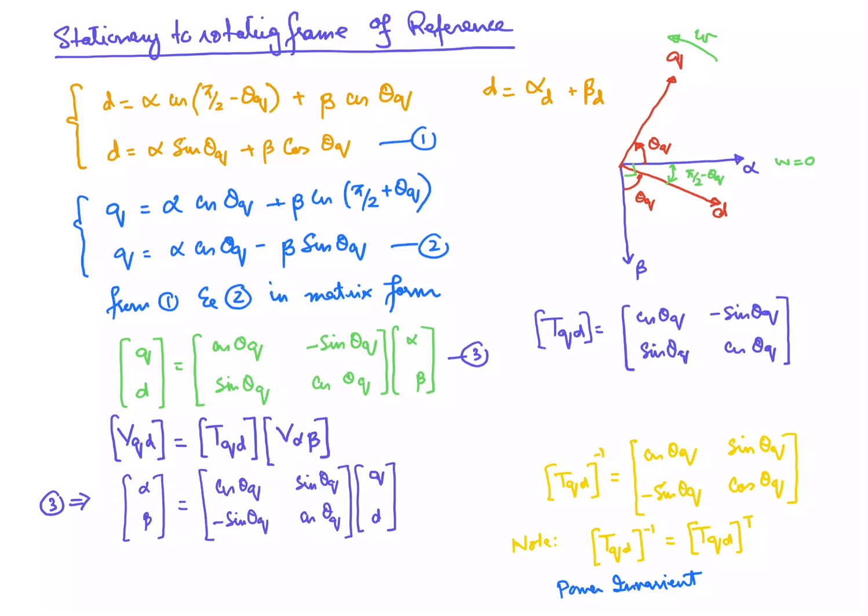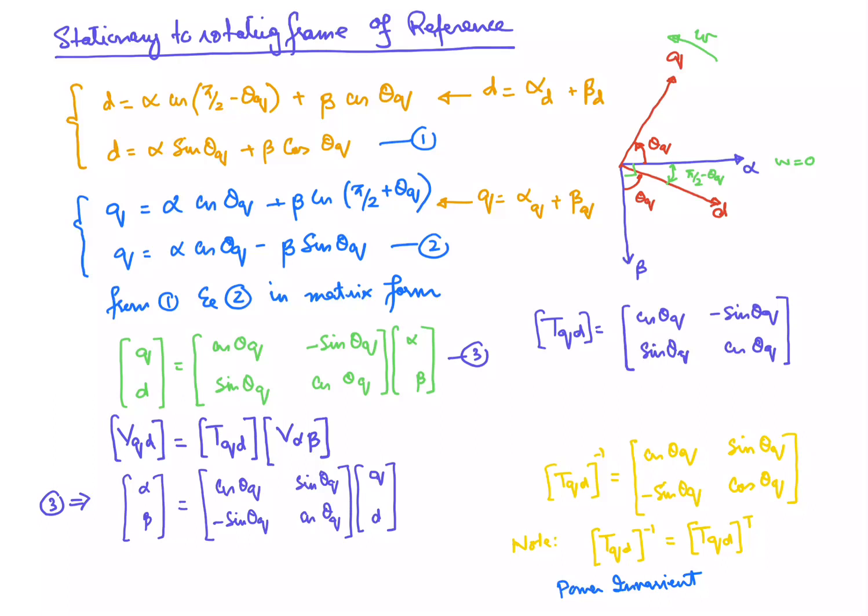Now let's look at the projection of alpha and beta along the q axis. I can write down that the net q component is equal to the projection of alpha along the q axis plus the projection of beta along the q axis, right? That is going to give us this equation.